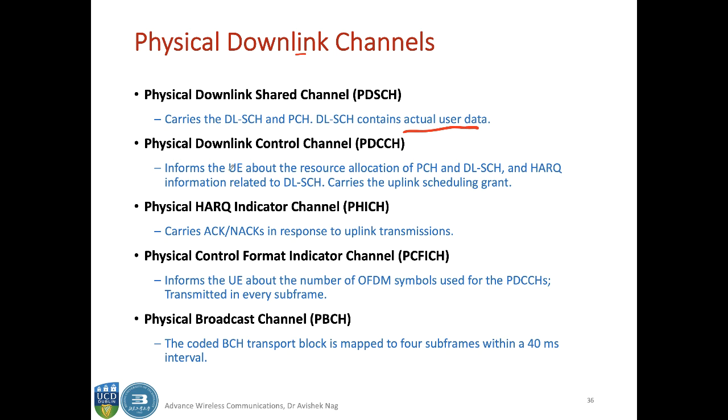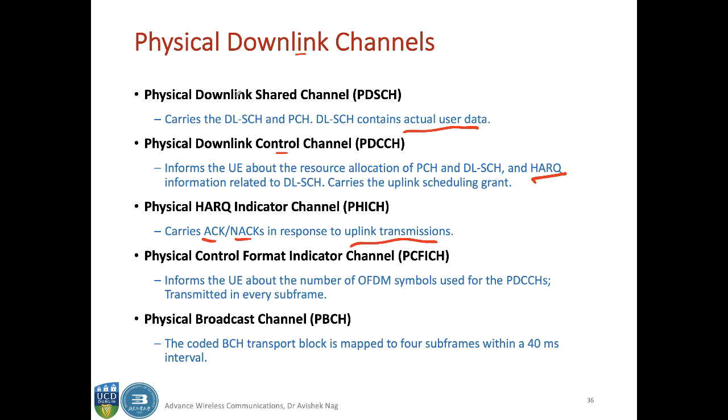Then the physical downlink control channel informs the UE about the resource allocation of PCH and DLSCH, and also the hybrid ARQ information related to DLSCH. This also carries the uplink scheduling grant. Then you have the physical HARQ indicator channel, which carries the ACK and NACK in response to uplink transmissions.